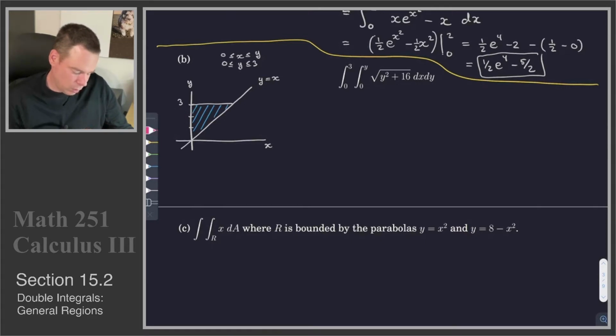I'll remove the markings and look at the integral as it's set up there. The first integral we want to compute is an integral with respect to x. So we are integrating the x values as they go from 0 to y. So we are integrating horizontally. As it's set up, that's an integral where we interpreted the region as horizontally simple.